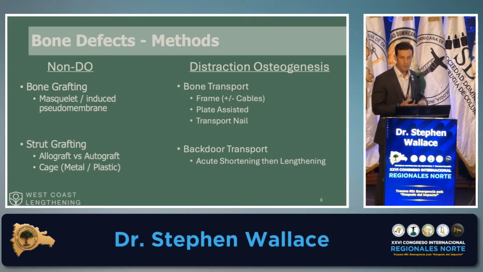That's a fibular vascularized allograft, autograft, or now more 3D metal cages. What I primarily focus on is more biologic distraction osteogenesis, and we'll focus on this right column: frame, plate-assisted transport, and then transport nail. And then there's another concept I call backdoor transport, which is shortening and then lengthening later, which I'm sure all of you have done before.